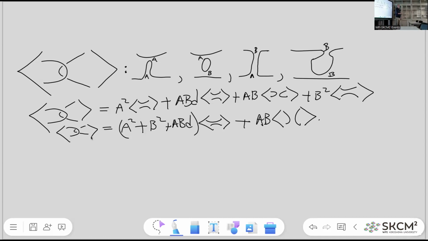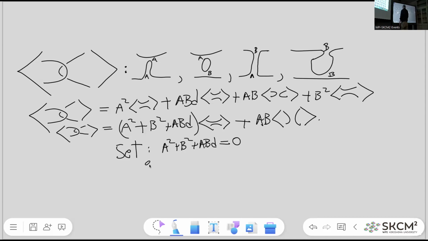And you can do that if you want to. You can take the polynomial ring modulo the ideal generated by this. However, I'm going to take the simpler algebraic notion. I'm going to set A squared plus B squared plus ABD equal to 0 and AB equal to 1.